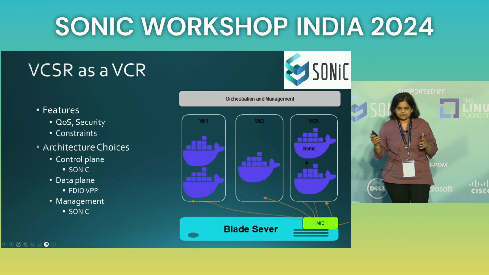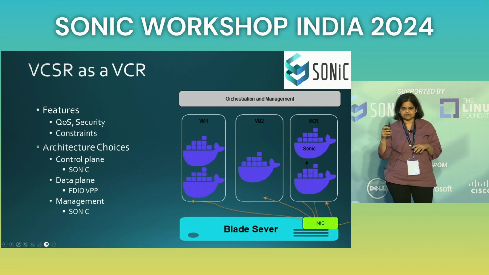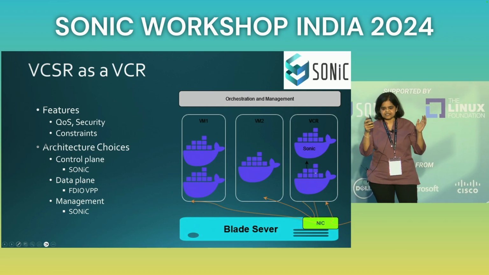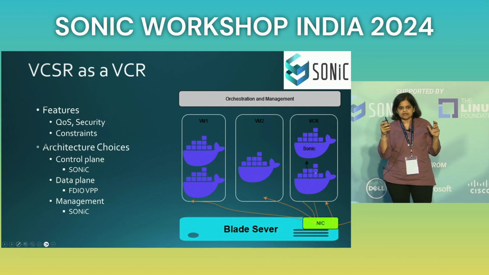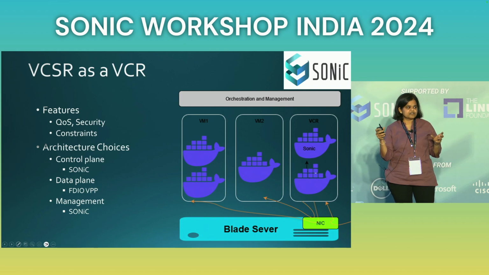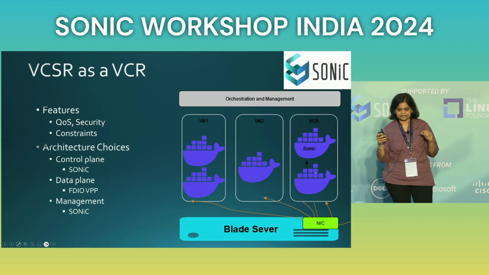So Anish already spoke about a number of use cases for a virtual cloud router. VCSR is a specific use case for 5G, so it comes with its own constraints. Since it runs in a cell site, it has to run with minimal memory and minimal CPUs. Moreover, the most important features would be cost and security. Mavenir VCSR runs with just 2 CPU cores and 2 GB RAM.